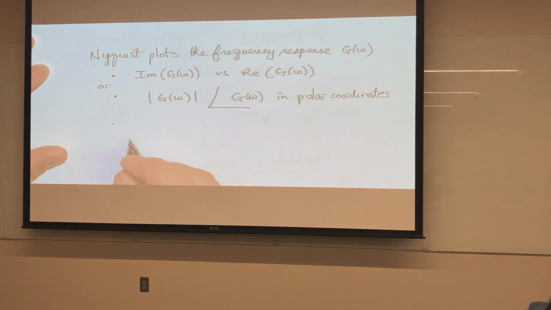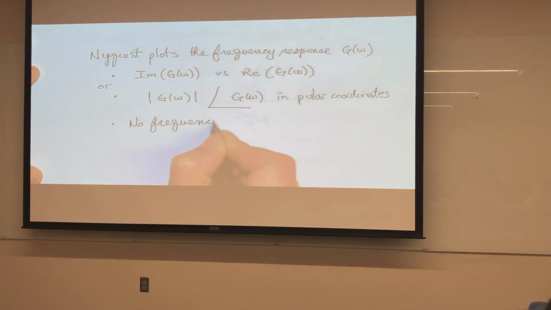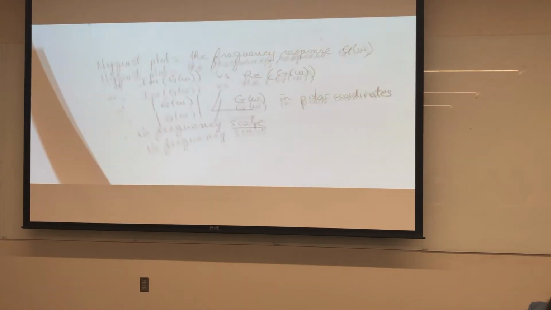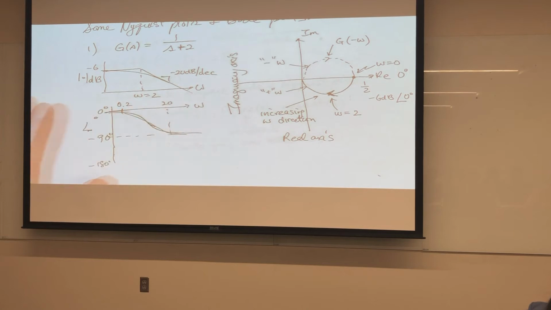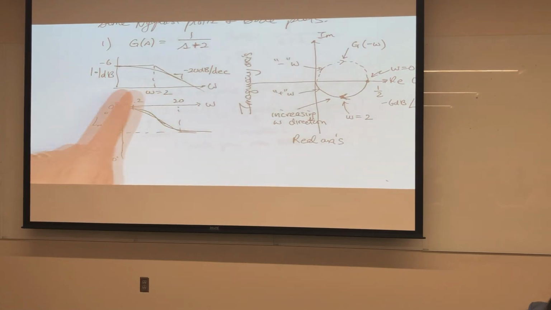One of the things you'll notice is there is no frequency scale. Okay. On a Bode diagram, if we come back here, there's a frequency scale. We've got 3 variables altogether on a Bode diagram. We've got magnitude, phase, and frequency. 3 variables spread across 2 pictures.